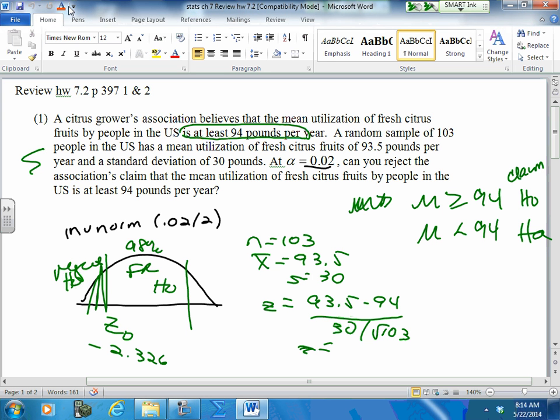Anybody come up with a z-score? Negative 0.169? Okay, so where does that fall in? Fail to reject H0. Okay, this is the part that you probably have to remember the most for your z-test. Everything else falls into place.